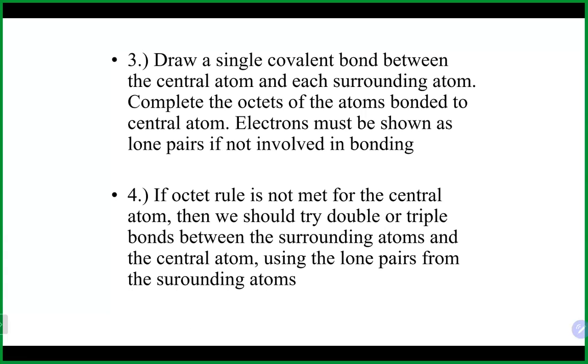Those electrons are then put on the outside atoms first in pairs, as dots, until each of the outside atoms has 8 electrons, or if it's hydrogen, obviously no dots, so it'll be done. Once you've filled up all the outside atoms first with dots, then you go to the center atom and you put those electrons on as dots if you still have more. At that point, once you reach the center atom, you should have no more dots. You should be out of electrons.